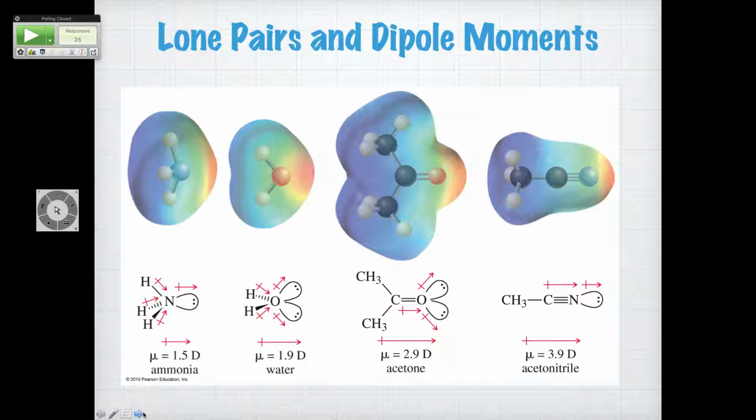Okay, we were talking about dipole moments. Remember, we're adding vectors to figure out our dipoles, and the lone pairs actually help. They give more electron density on that side of the molecule. So you can see here that acetonitrile has the biggest dipole moment of 3.9.